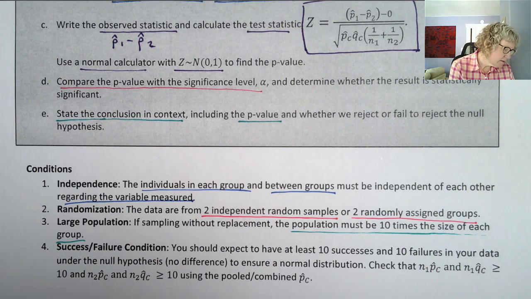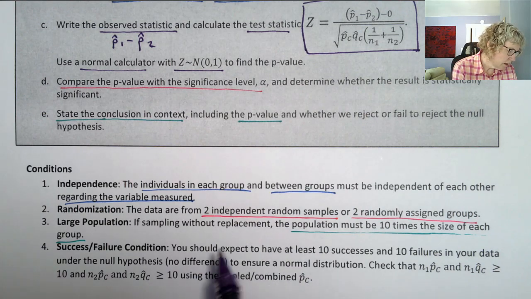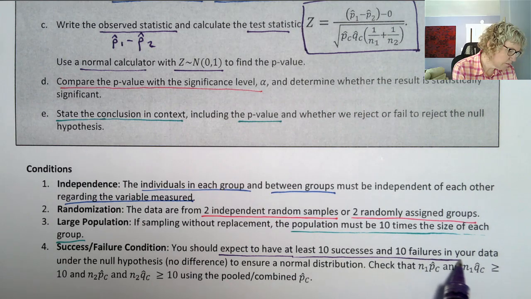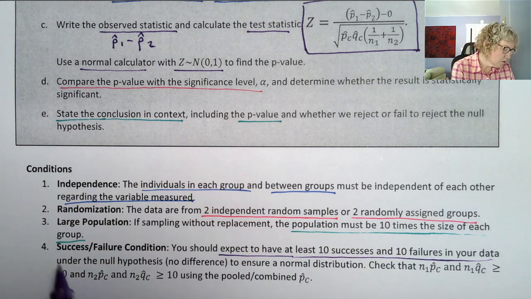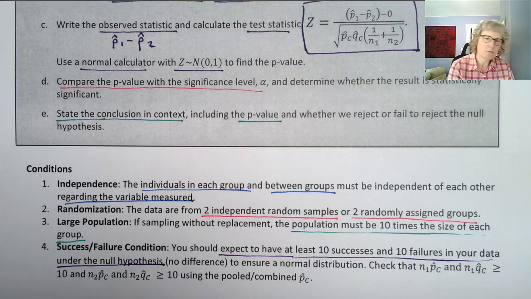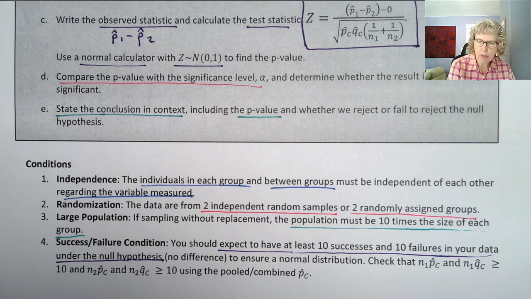And then the success-failure condition. We should expect to have at least 10 successes and 10 failures in our data under the null hypothesis. Okay, so remember, we're assuming the null is true.